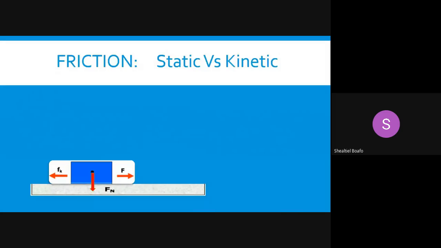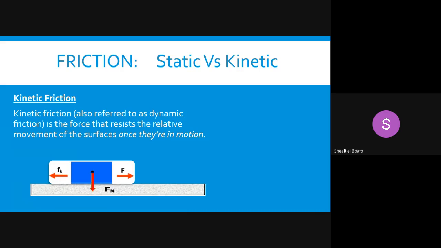Then we went ahead to look at the kinetic friction. Kinetic friction, also referred to as dynamic friction, is a force that resists the relative motion of the surfaces once they are in motion.